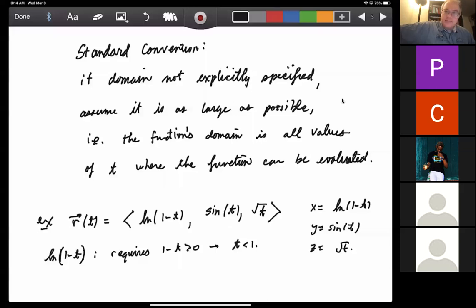Okay. Question? All right. What about sine of t? What's the set of t values where you can evaluate the sine function? So all reals, good.